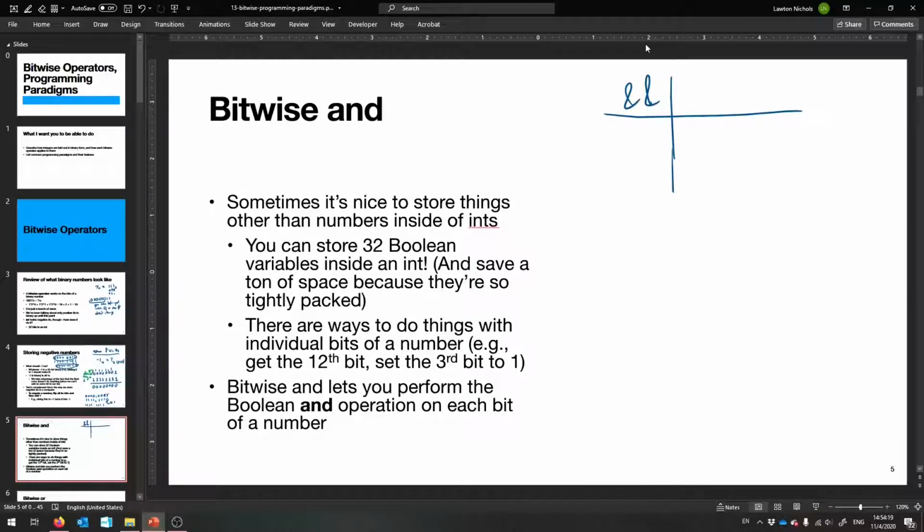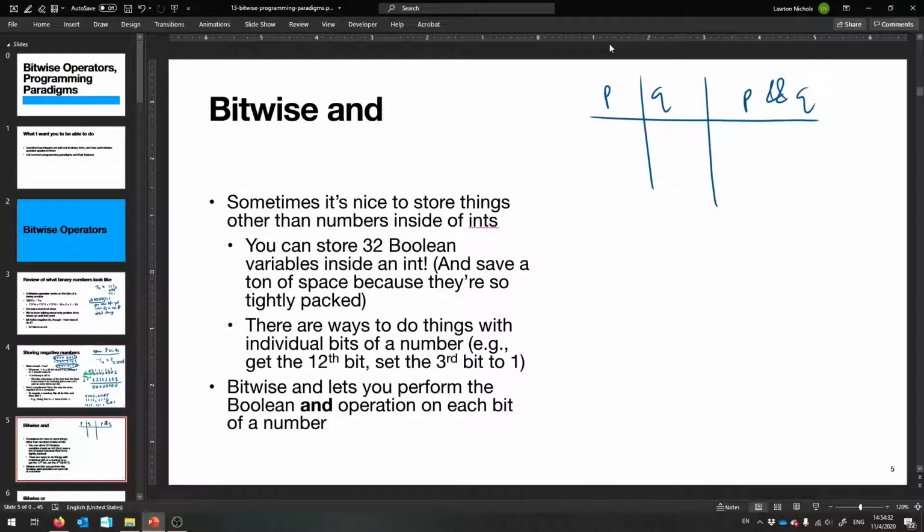If you have P and Q, and you wanted to know what P AND Q is, if these were Boolean variables: P is true, Q is true, or P is true, Q is false, or P is false, Q is true, or they're both false. You know that if P holds true and Q holds true, the AND of them holds true, and then false otherwise.